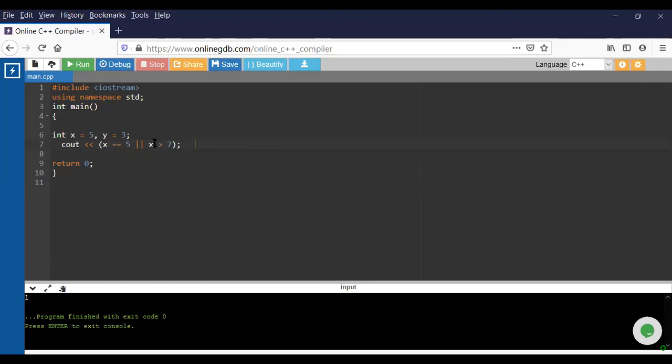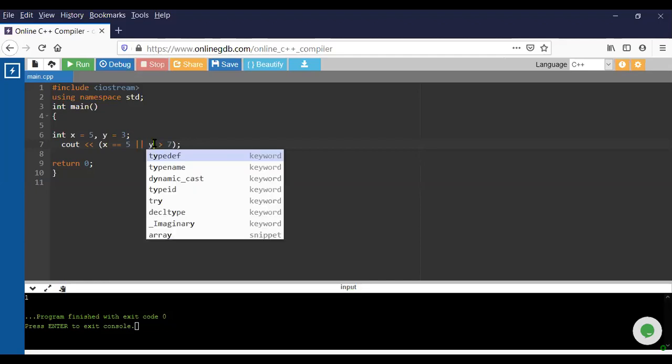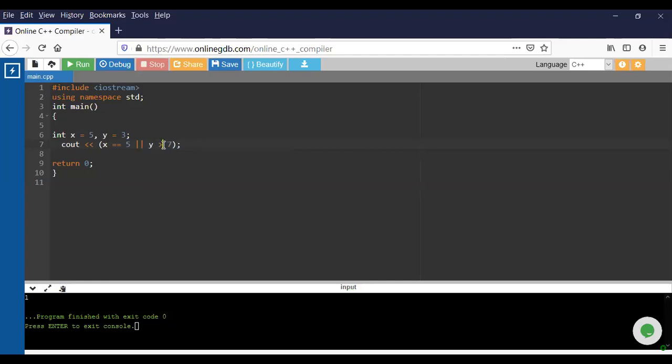Okay, so how about the other one here? If I change to another one, y is greater than 7. But this condition is false now. Y is greater than 7 is false. But again x is true. I can put x here, maybe less than 5.